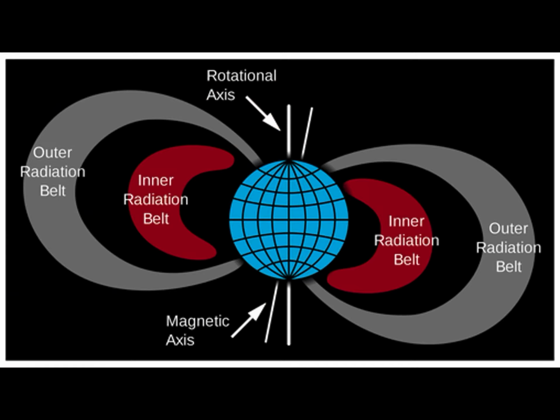Now, what is the consequence of earth's magnetic field? One important consequence is that the earth's magnetic field develops a protective shield, and that protective shield is called the Van Allen radiation belt.